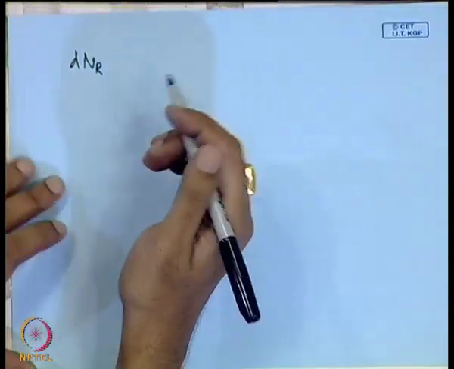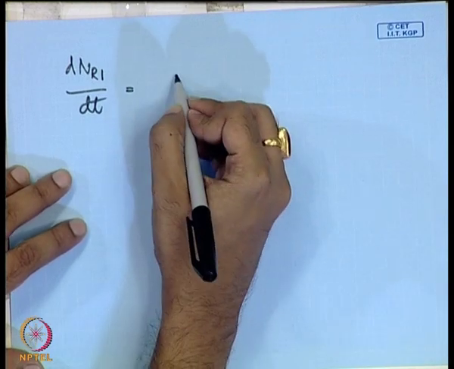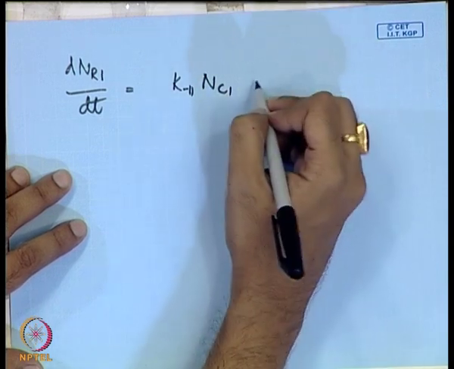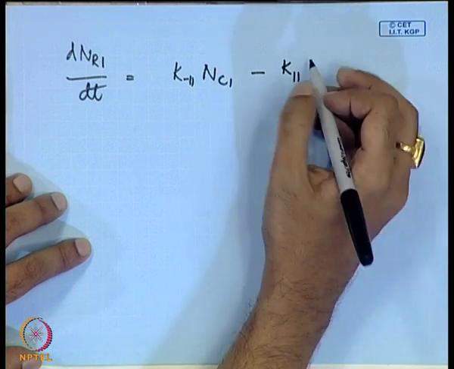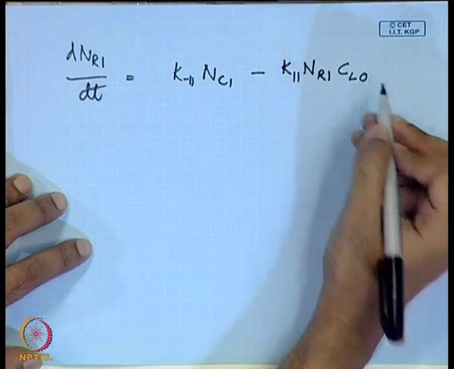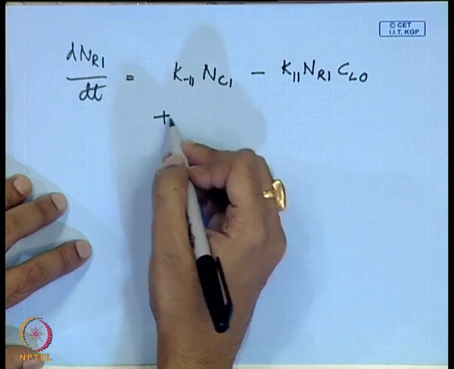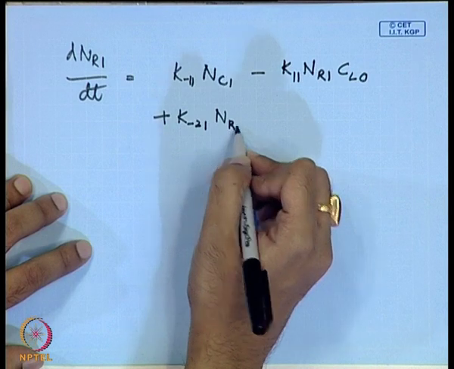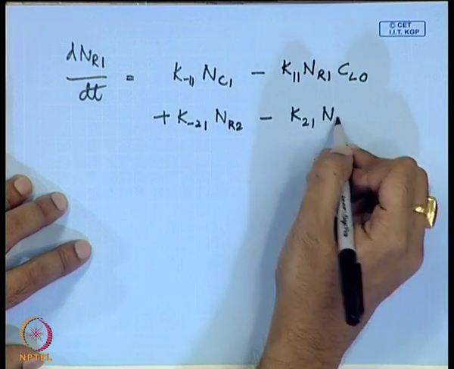So, let us write the balances for R1 first. R1 is being formed by this reaction K minus 11 NC1 and is being depleted by this reaction, K11 NR1 times Cl0. And for the other set of reactions, R1 is being formed from K minus 21 NR2 and being depleted by K21 NR1.